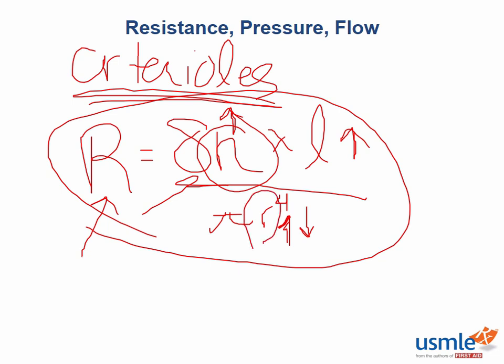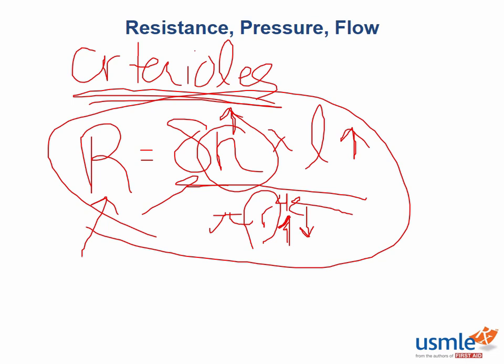In addition to viscosity, we have to think about the radius of the vessel. And it's important to note that the variable that contributes most to the peripheral resistance is the radius. And that makes sense because we see it here mathematically expressed as r to the 4th power. So any small changes in our radius will be amplified to the 4th power and make a huge difference in our peripheral resistance.